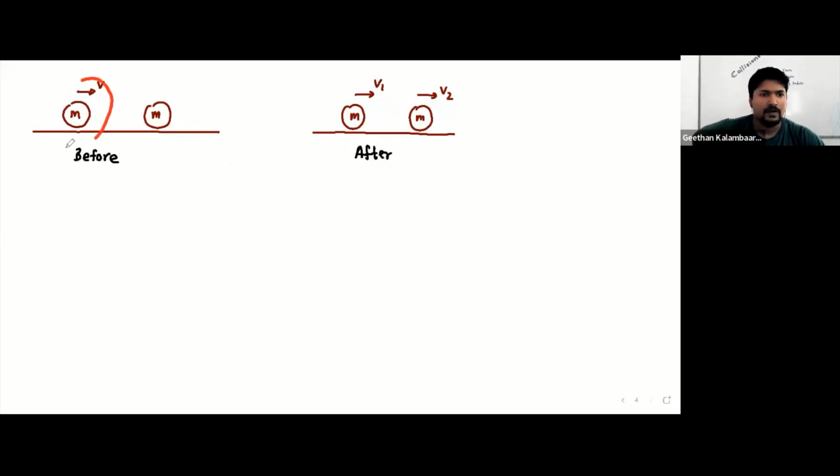So before, this mass m is moving towards the stationary mass m and elastically collides with it. So now I took that both will be moving in the same direction. But this is not actually what is happening. ඇත්තටම මේක නෙමෙයි වෙන්නේ. We don't know the values of V1 and V2. So we are going to find the values of V1 and V2. Right? So I'm going to show you how exactly to find the values of V1 and V2.